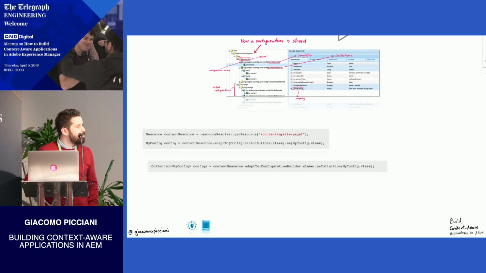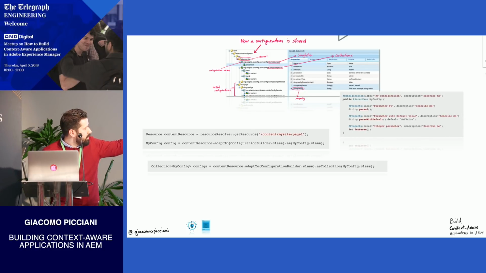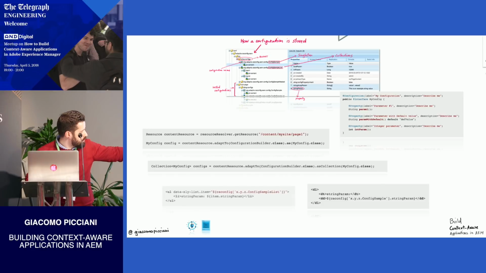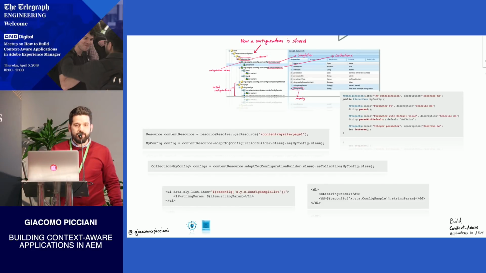This is just an example of how you can use it in your Java code with the resource resolver. The resource resolver accepts a content path, and then from the resource you can use the adaptTo method, and the configuration is adapted to the class that you recently created. And this is also an example of how you can use this service API in your HTML.